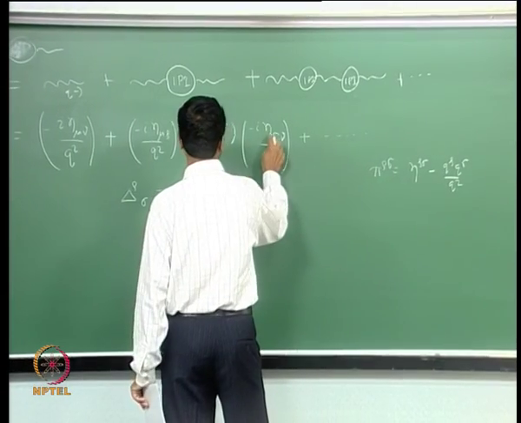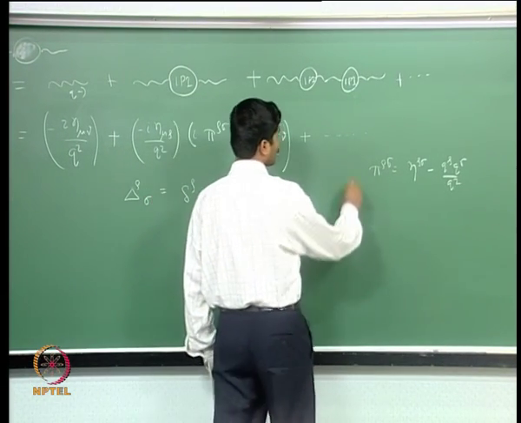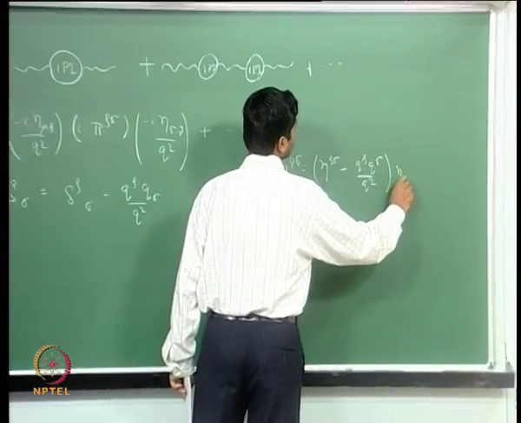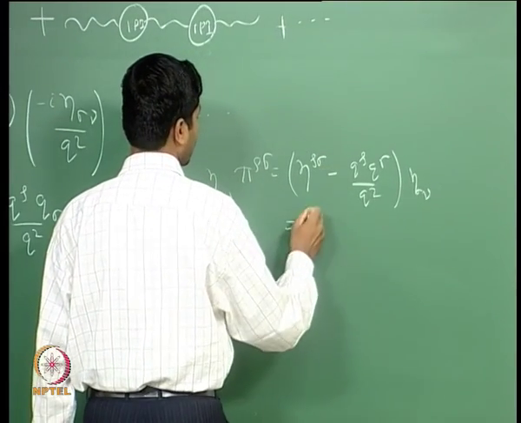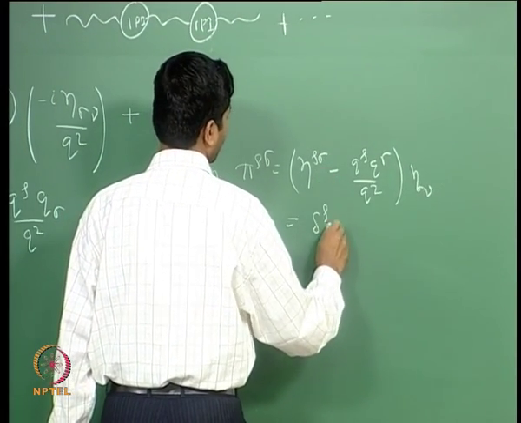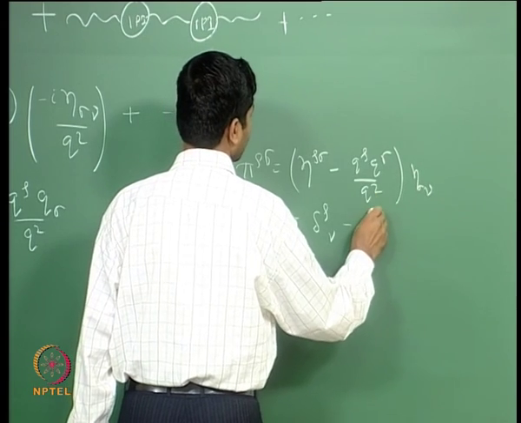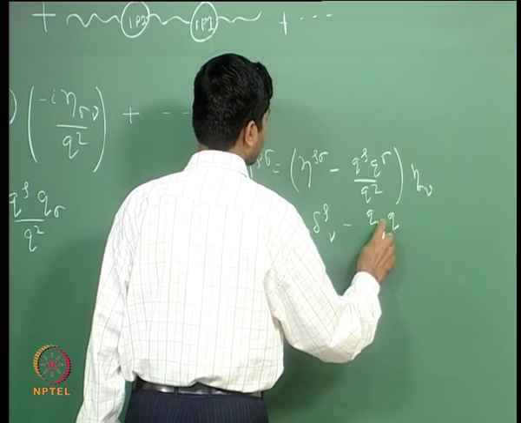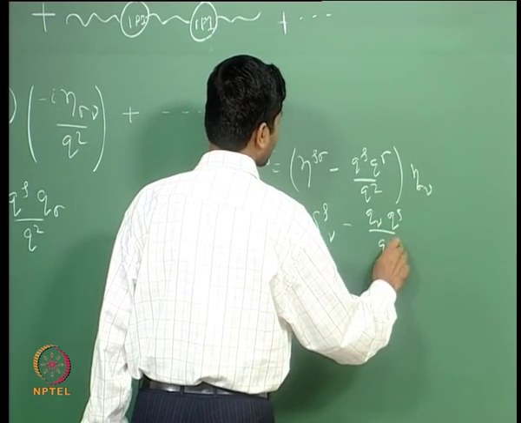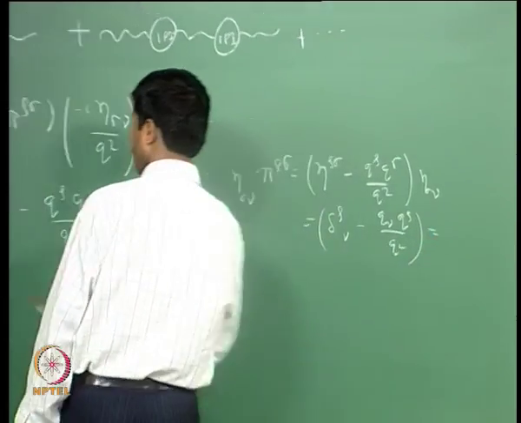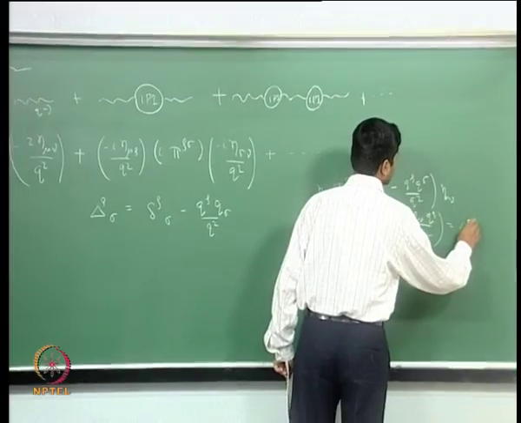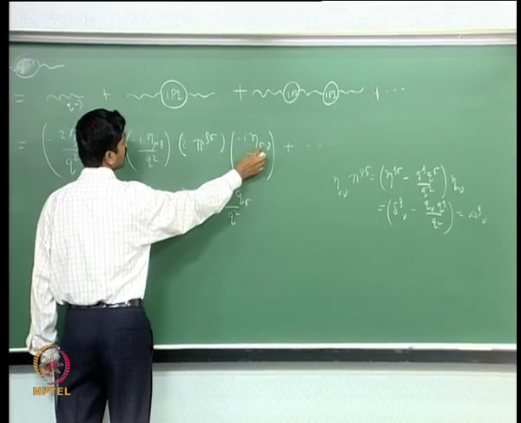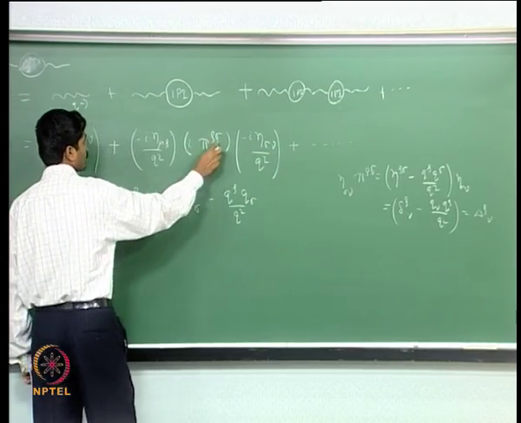To that I will multiply by η_σν, so it is basically δ_ρν minus q_ν q_ρ divided by q². So, this is δ_ρν. This is what I will get if I multiply i η_σν with i times π_ρσ.